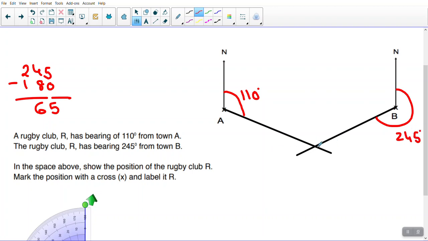And then where the two lines meet, that's the position of club R. We can mark it there. They said mark the position with an X, so let's do that, although there is a visible X there. Okay, so that's it. That's all there is to it.